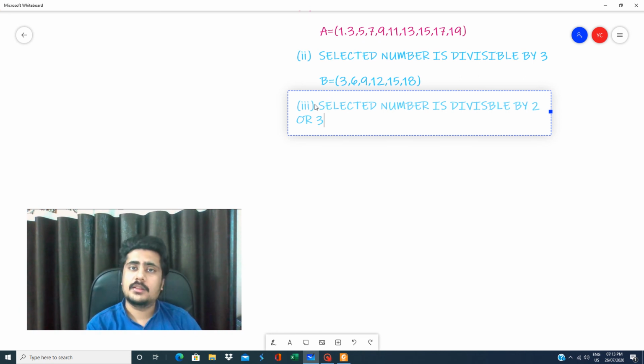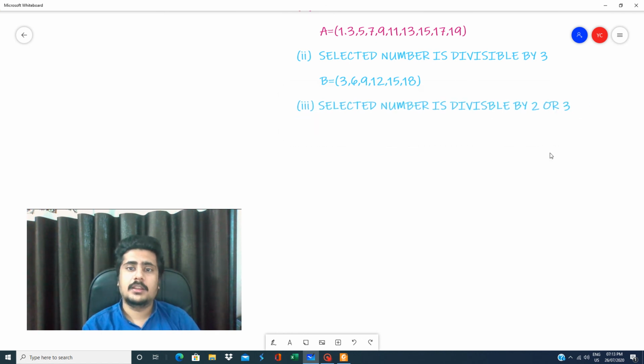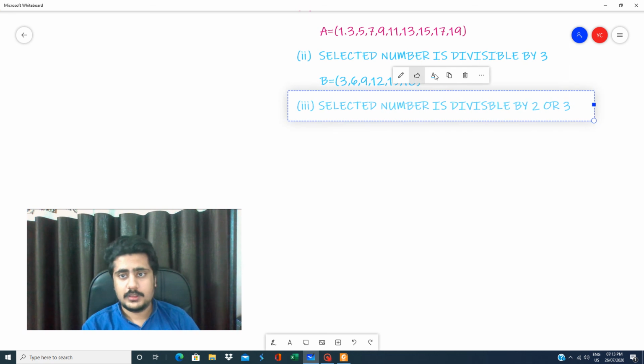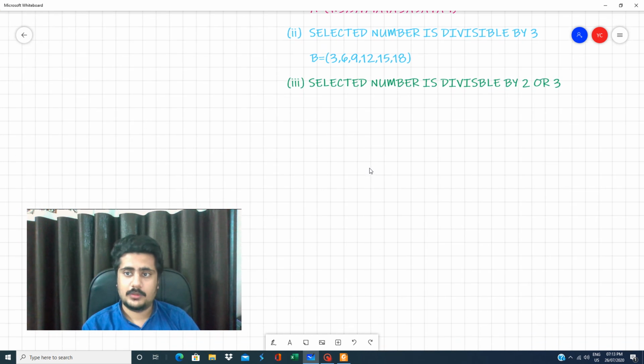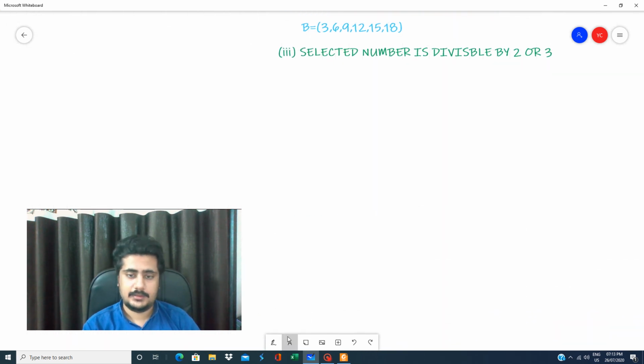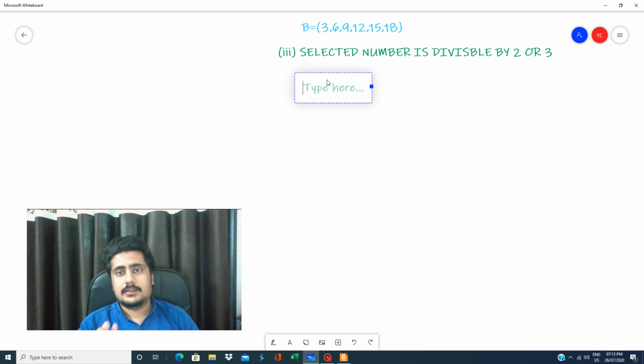So you have to consider both the numbers: the numbers divisible by 2 and the numbers divisible by 3. Now this particular thing I will be solving in a different way. Let's pay attention here.